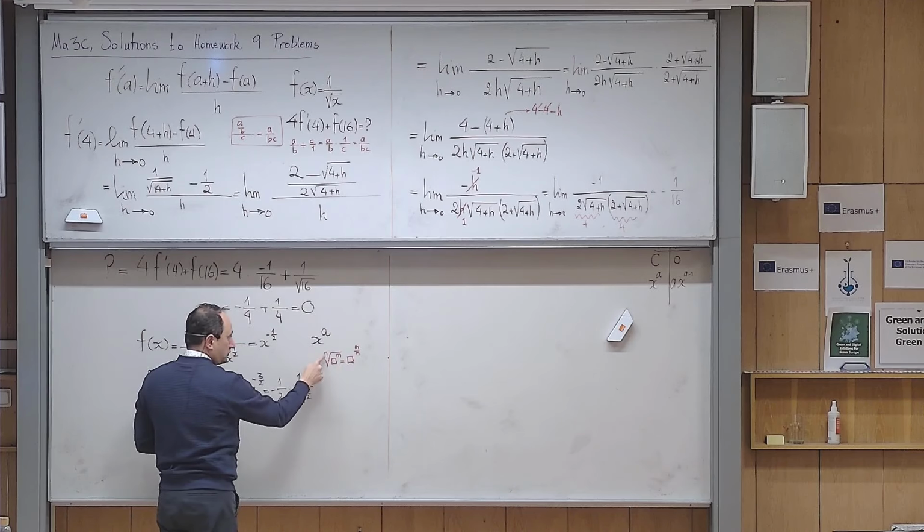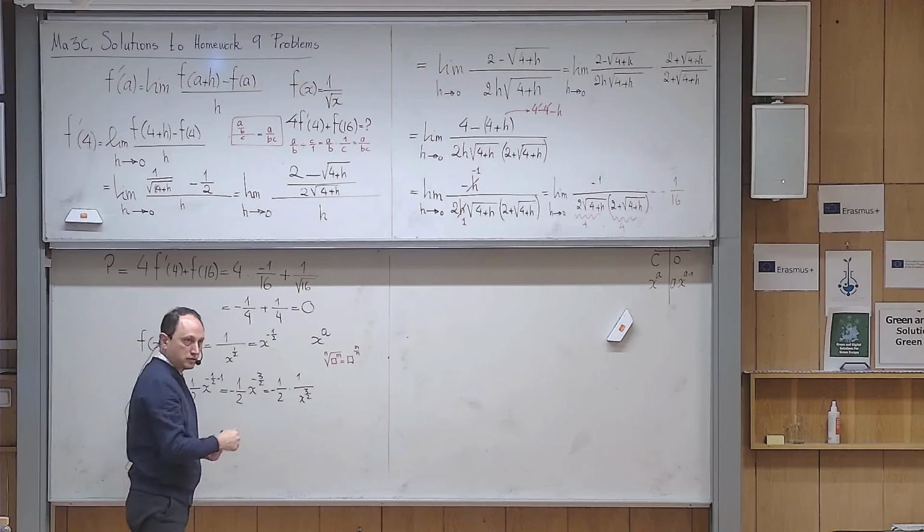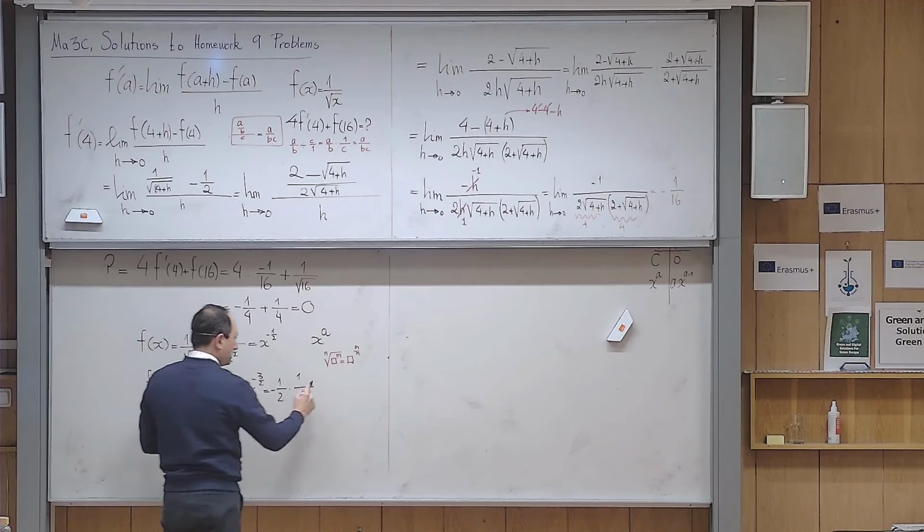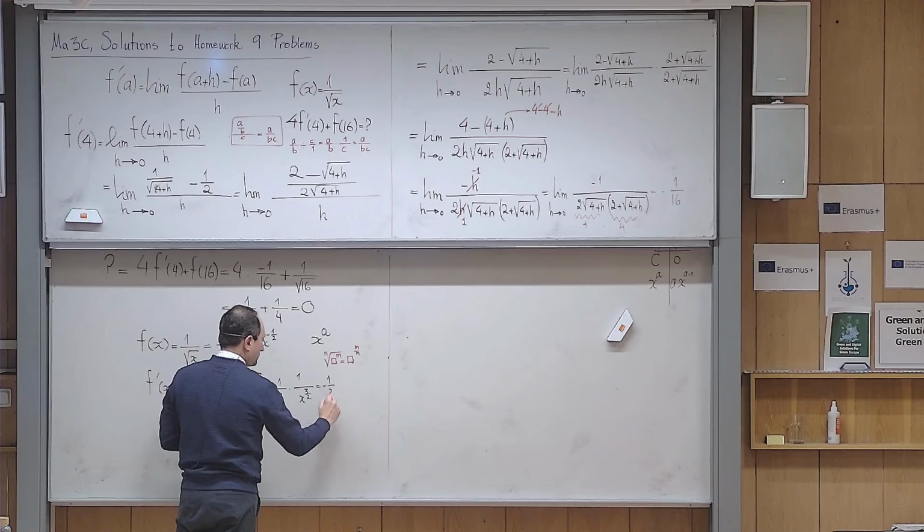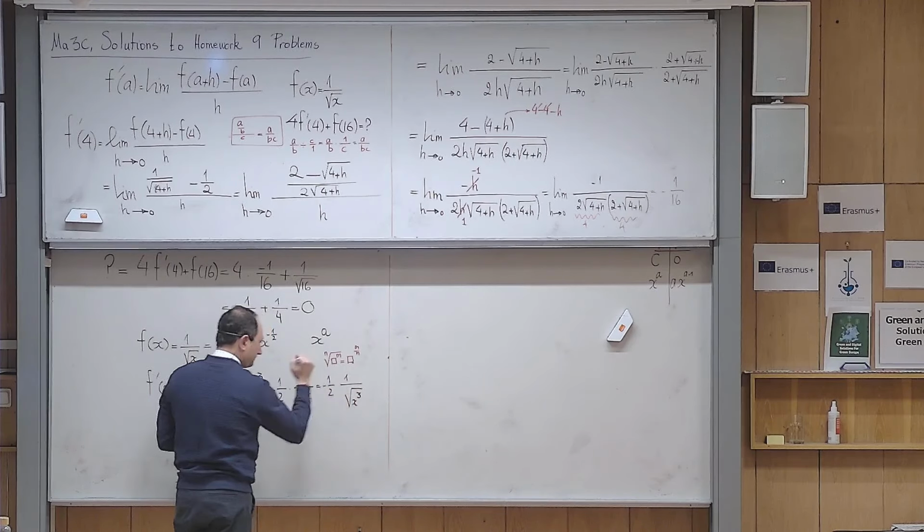But whenever n is 2, we don't write it. Yes, that is convention for simplicity. So it's minus 1 over the square root of x cubed.